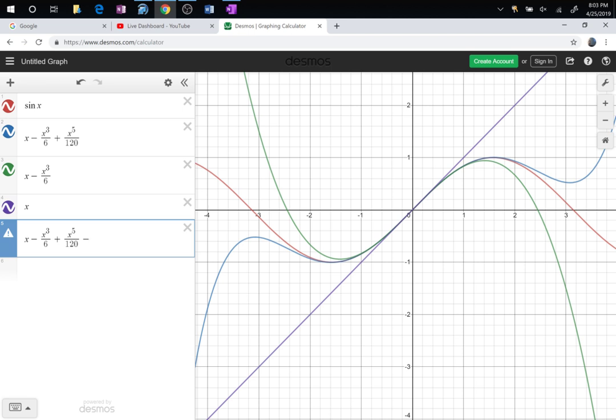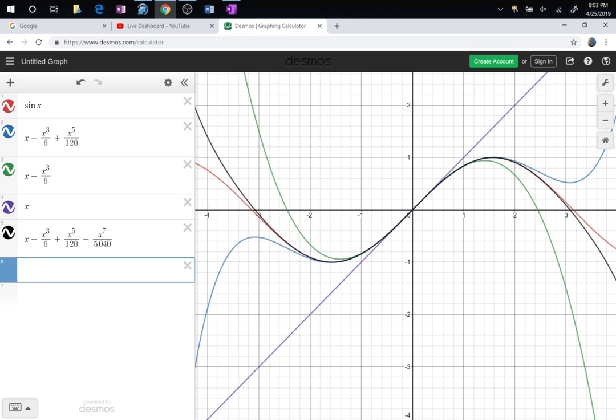So x to the 7 over 5040. Look at the black line, guys. You see that the black line did even better than the others.